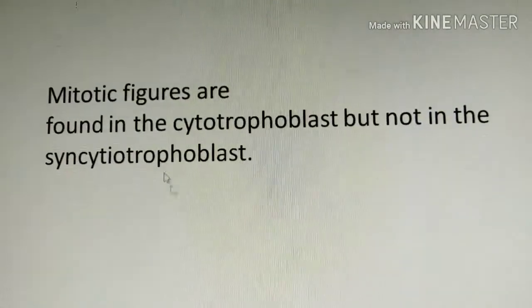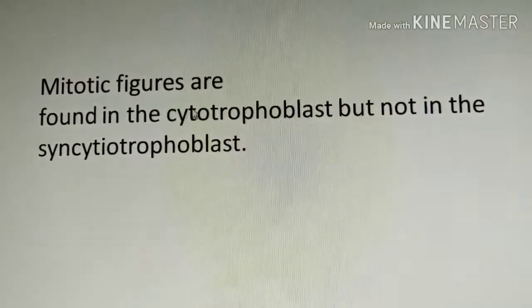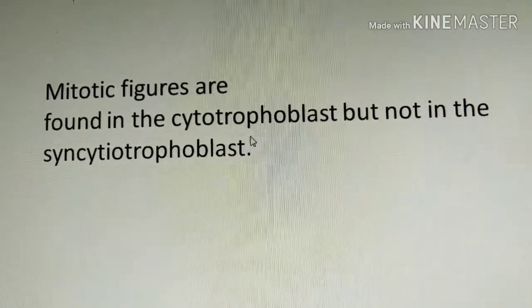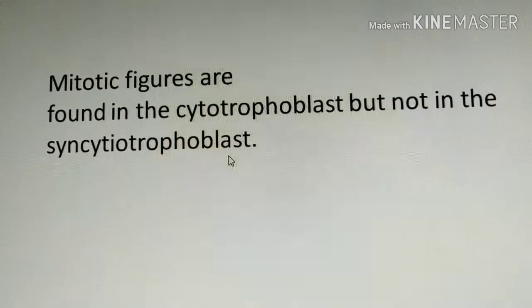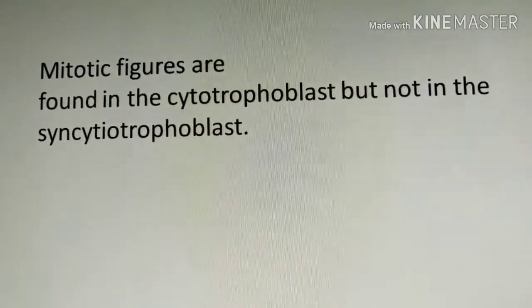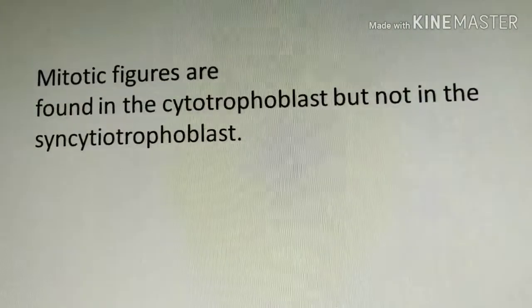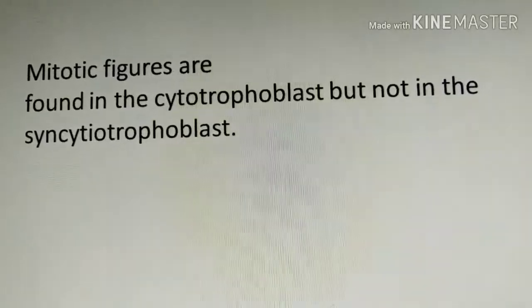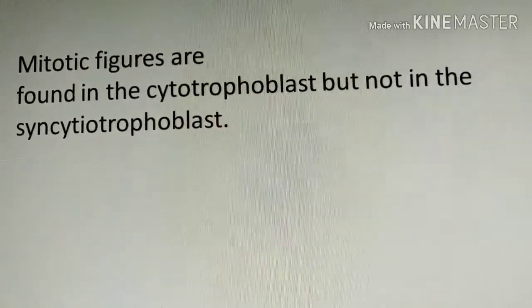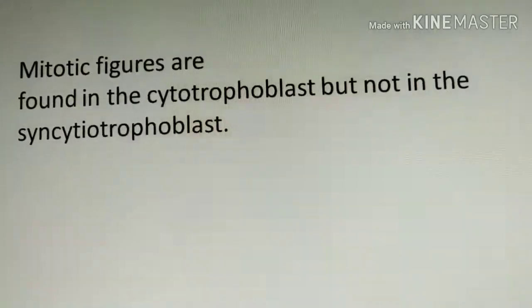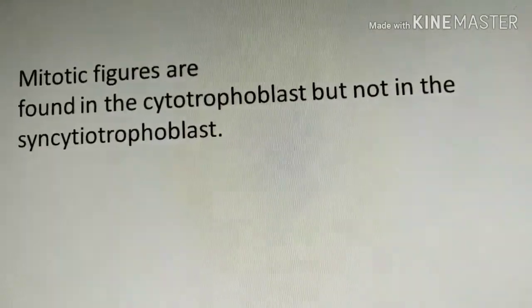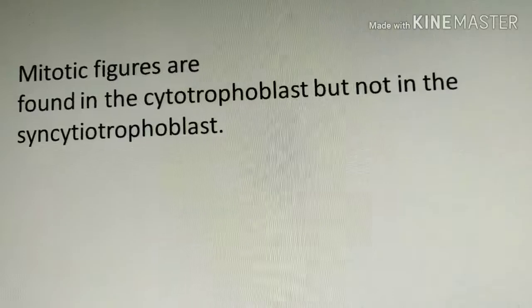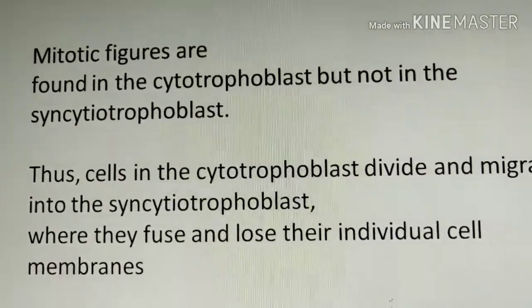Most important information: the mitotic figures are found in the cytotrophoblast but not in the syncytiotrophoblast. So where does cell division occur? Which layer of the trophoblast is responsible for mitotic cell divisions? The cytotrophoblast. In the syncytiotrophoblast no cell division occurs.